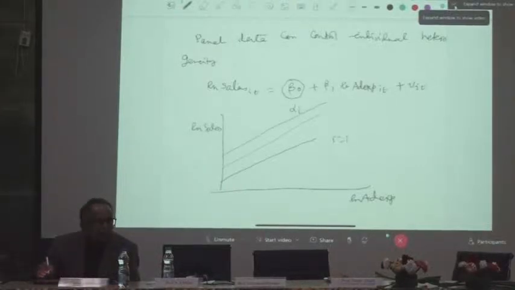So what is happening? These lines are parallel. Why are they parallel? Because beta 1 is exactly the same for everybody. So the slope is not changing from individual to individual. That means the marginal effect or elasticity of advertisement expenditure is exactly the same for every company.